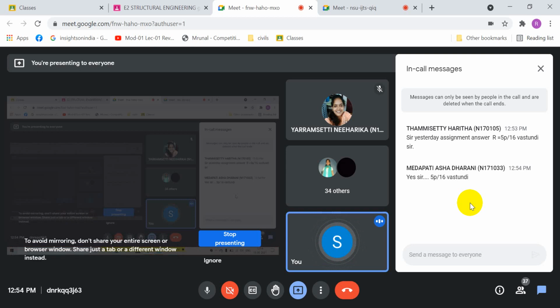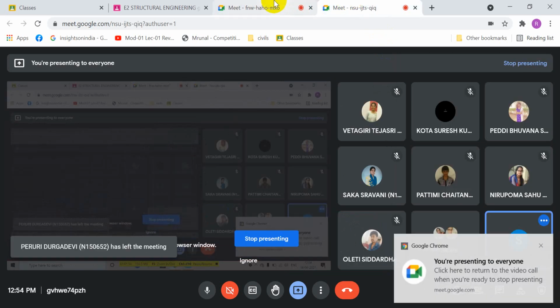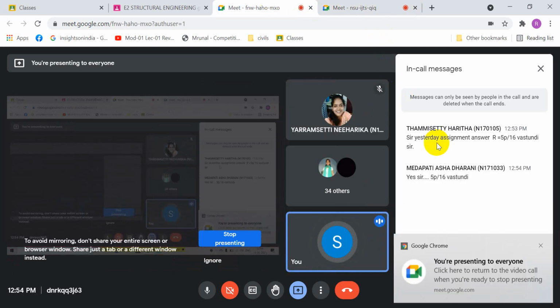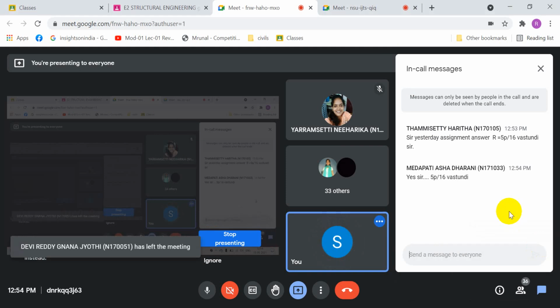Maybe 21/24. Our answer is wrong, or maybe my answer is wrong. I will check later. Most probably 5P/16, I think it is a good answer.